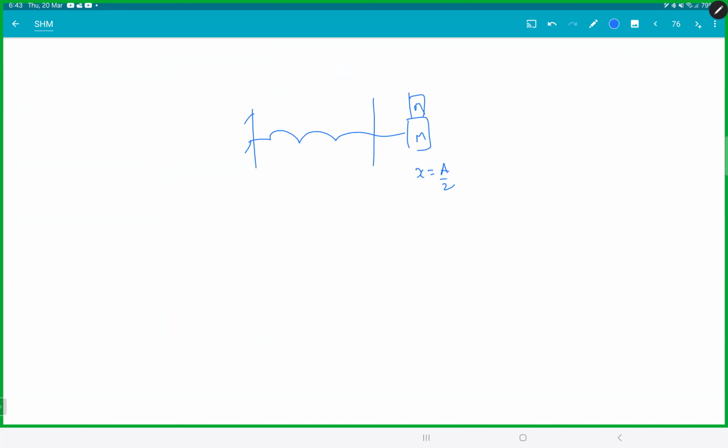Think a minute. If the block is stuck at x is equal to a by 2, just think what will be the steps. How will you proceed with that? And then I'll tell you what to do.